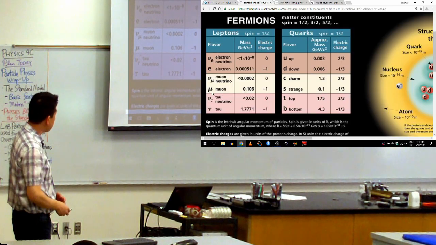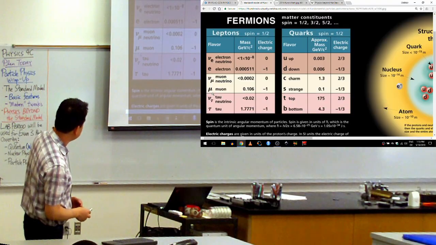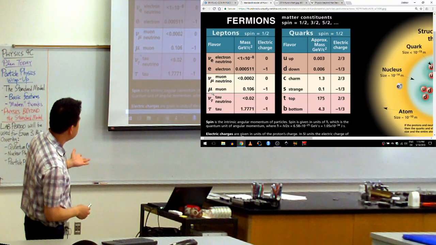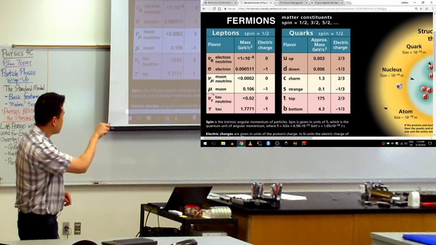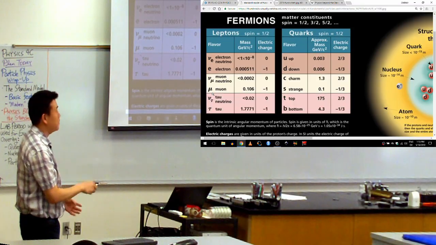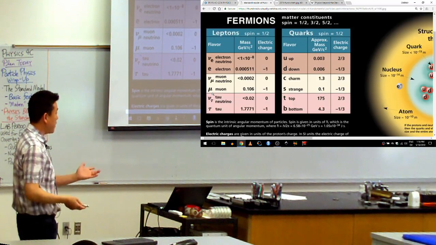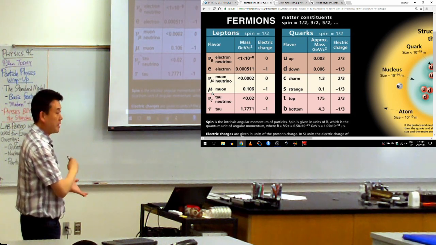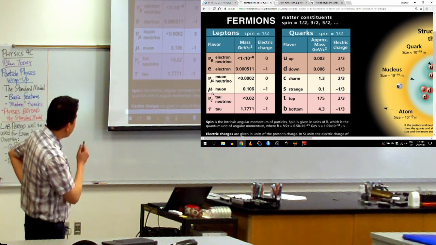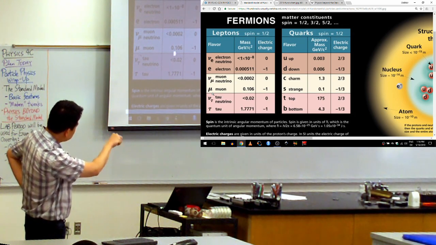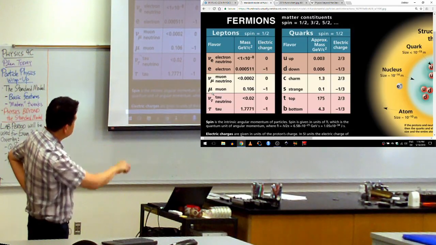This is a good time to look at their properties in a little more detail. We've been looking at their charge, or we know their charge already. We introduced the fractional charge of the quark and how that came to be deduced, even though we've never seen a quark. And you've been told some of the masses already.